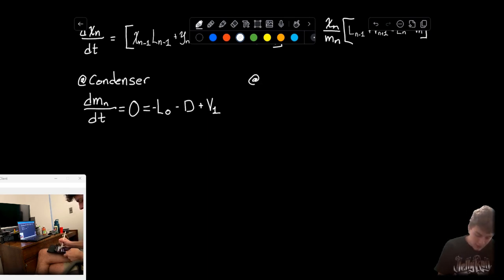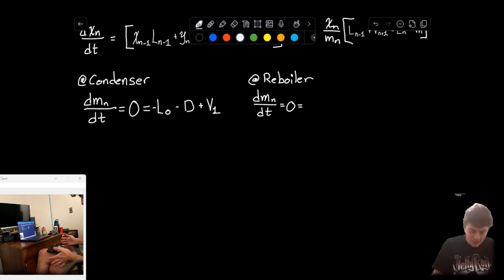Let's do the same for the reboiler here. It's going to look very similar, except the stream we're taking off in this case is, well, I guess both of them are going to be liquids, right? So this one will be capital L6, I guess, what's coming into this tray, aka Ln-1, right? We're on stage 7.